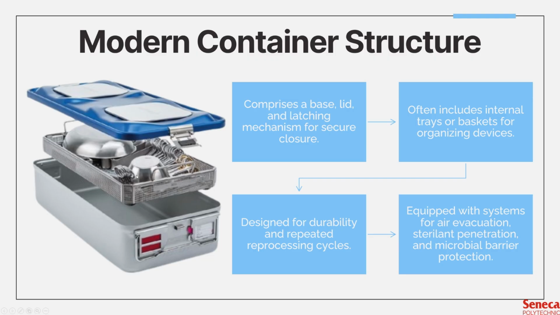You can also see filter plates, valves, gaskets, and locking mechanisms. These are the locking mechanisms, and this thing you see here is the filter. All of these work together to maintain the sterile barrier.